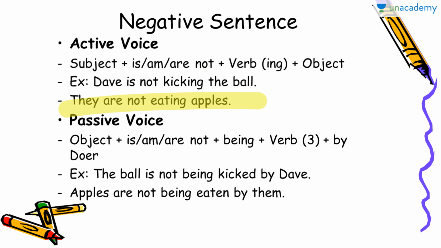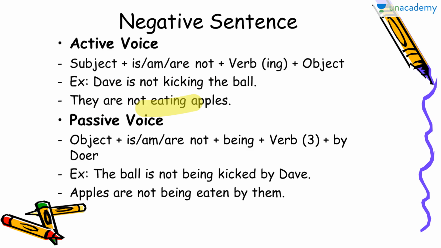Again, the combination which is telling us that this sentence is in active voice is that the one who is doing it is mentioned in the starting of the sentence, and the tense is known by the format is plus verb ing, are plus verb ing form.